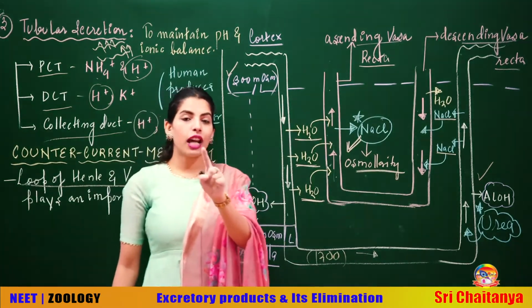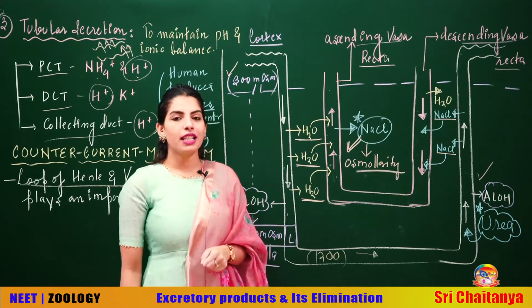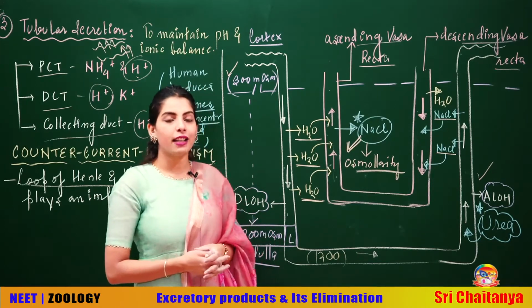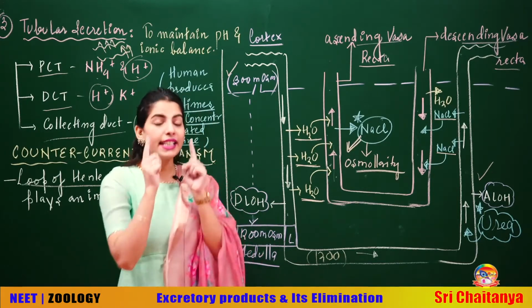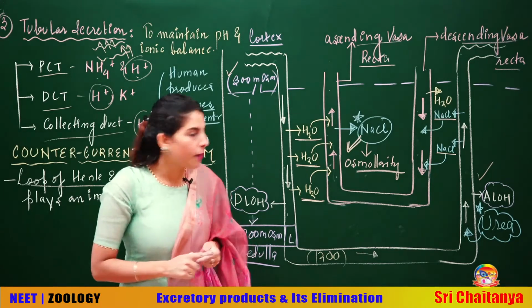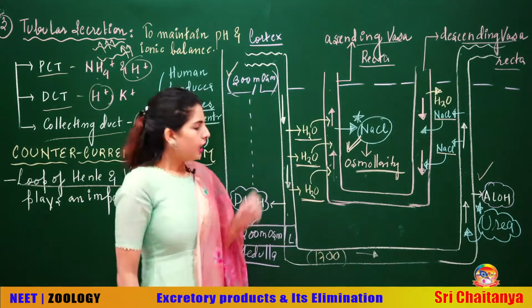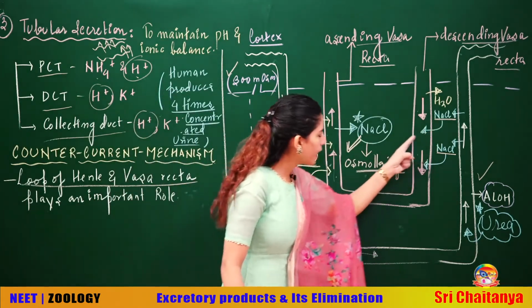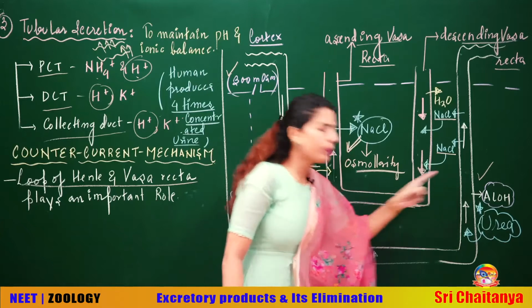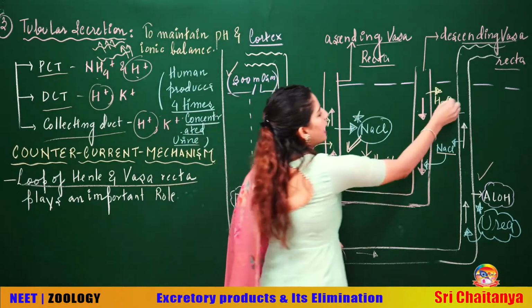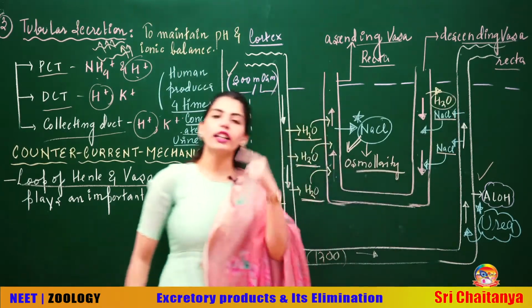Where is this NaCl coming from? From the ascending vasa recta. Got it? Now the vasa recta which was taking all the NaCl from the ascending loop of Henle is releasing some amount of water in the interstitium.